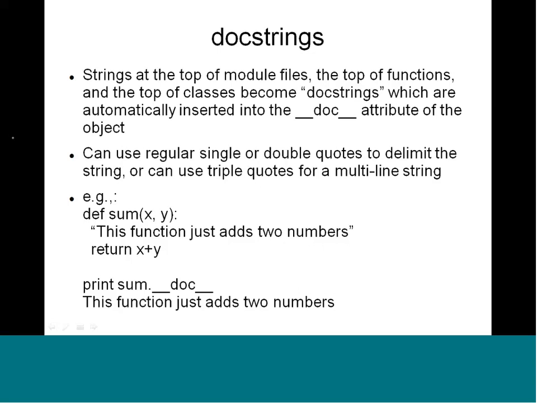Strings at the top of module files, the top of functions, and the top of classes can all become doc strings, which are automatically inserted into the __doc__ attribute of the object. We can use regular single or double quotes to delimit the string, or we can also use triple quotes for a multi-line string. These are the standard ones that we saw.